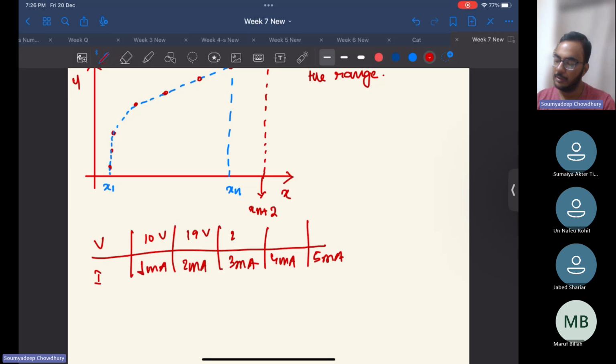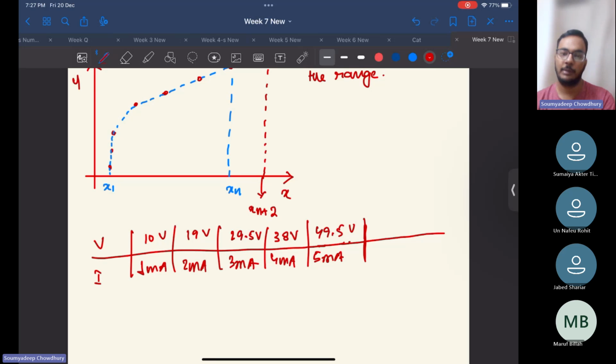So here you say 29.5 volts, here 38 volts and here some 49.5 volts. Now you have done the experiment from 1 to 5 milliampere. If I tell you to find an interpolating polynomial, that polynomial will give you your values within this range, 1 to 5 milliampere. Any value in between, it will correctly predict.